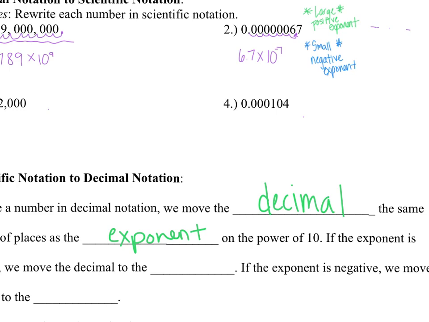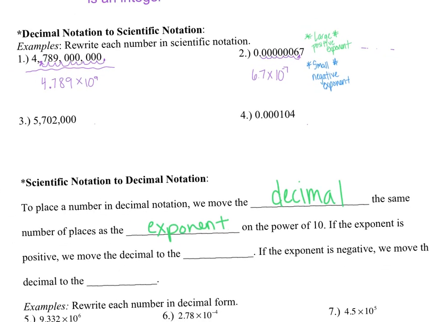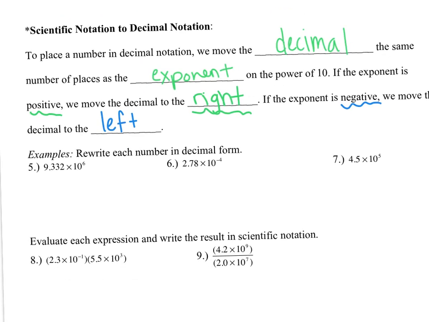So if the exponent is positive, we move the decimal to the right. So if the exponent is negative, we move it to the left.